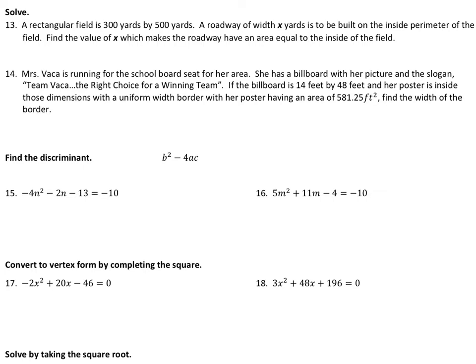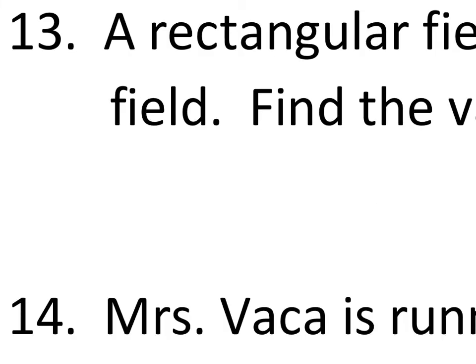Now, the first problem is a rectangular field that is 300 yards by 500 yards. A roadway of width x yards is to be built on the inside perimeter of the field. Find the value of x which makes the roadway have an area equal to the inside of the field. Now, that's huge, but it gives me enough space to draw pictures.